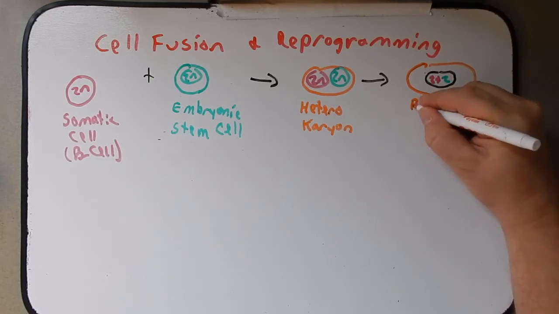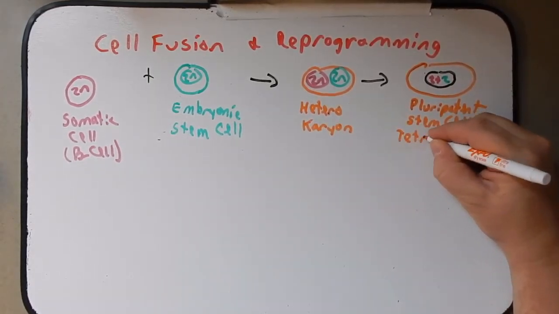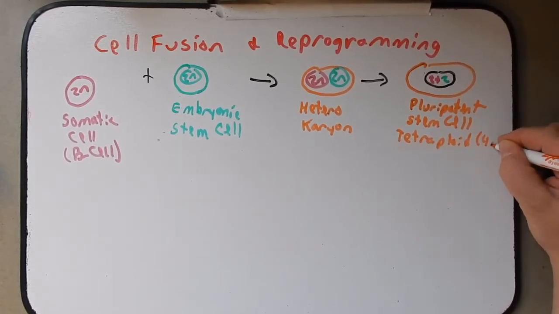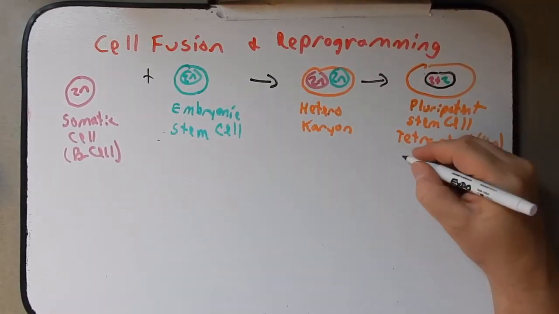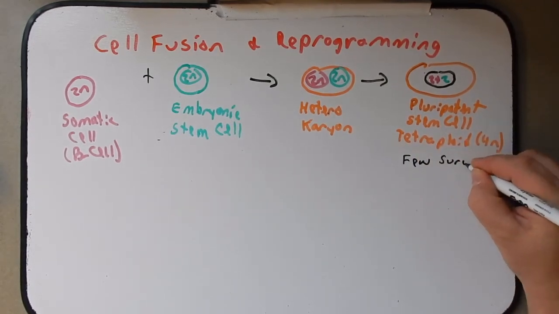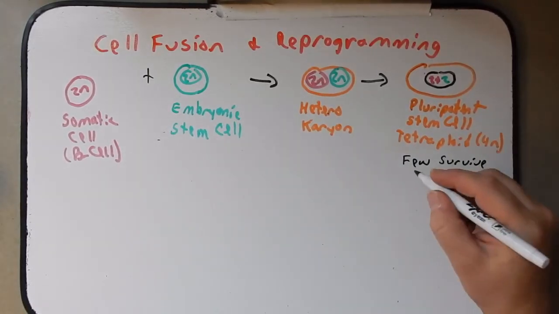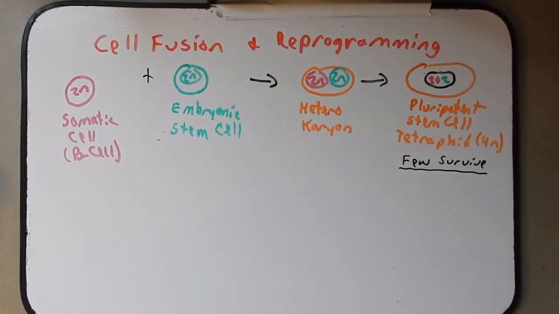And it behaves as a pluripotent cell. But keep in mind, it is a tetraploid. That is, it is 4N. Now, as you can imagine, very few survive to this point. We lose a lot in this whole process, but still, surprisingly, some still survive.